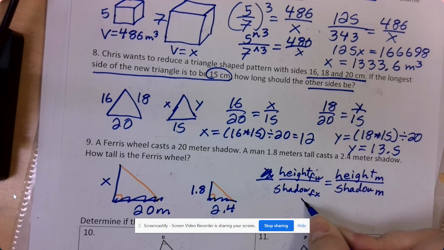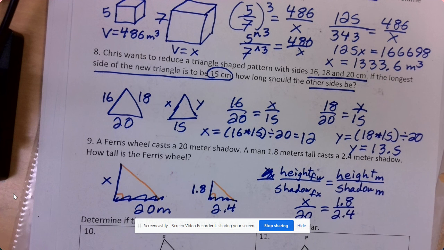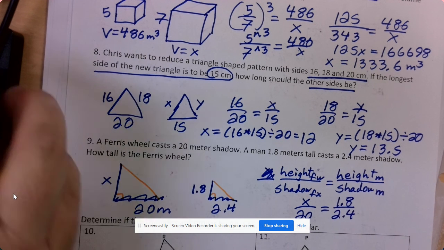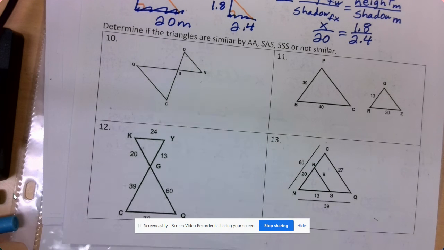So x over 20 is equal to 1 8/10 over 2 4/10. We cross multiply and divide. So we get 15.